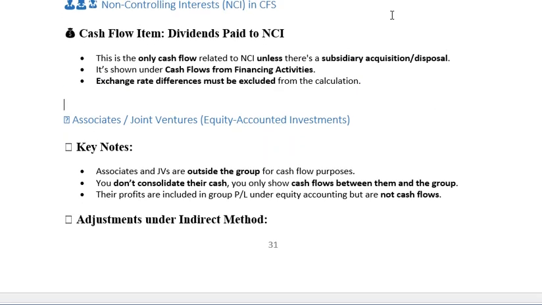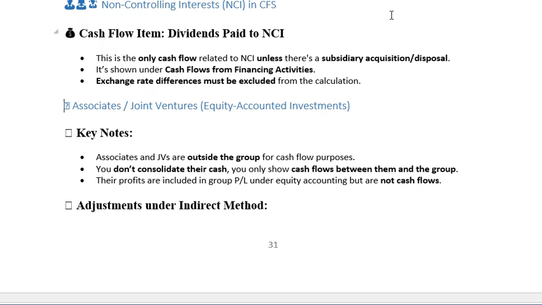Then also associates and joint venture equity. Associates and joint ventures are outside the group for cash flows. They are not part of the group. If you are an associate, that means you are not joining the group, you are not consolidating. So you don't consolidate the cash of associate and joint venture.